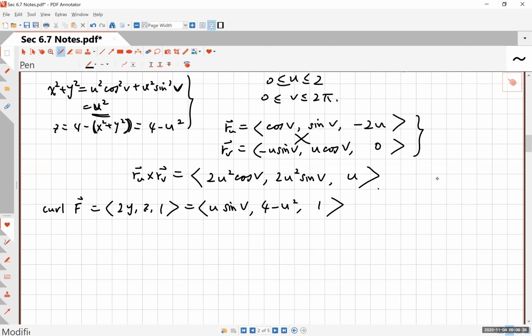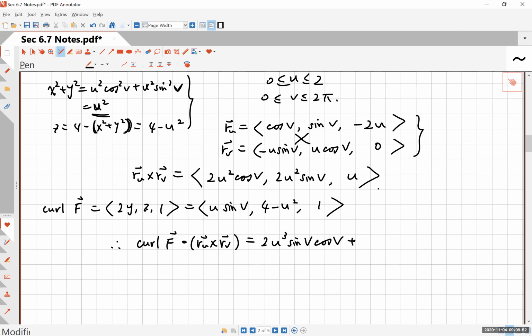I need to find the dot product of this, and so therefore the curl of f dotted Ru cross Rv is equal to, what is that? It looks like it's 2u cubed sine v cosine v. Now remember, this is not a vector anymore, so I'm going to say plus, and the middle one is kind of messy, isn't it?